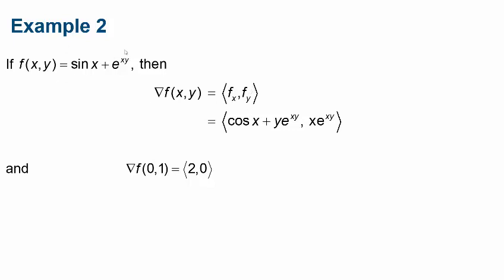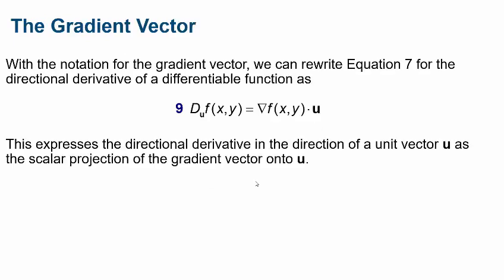The partial derivative with respect to x is cosine of x plus y e to the xy, comma, and the partial derivative with respect to y is x e to the xy. And so we could say the gradient at the point (0, 1) is the vector (2, 0). Just following directly the formula.